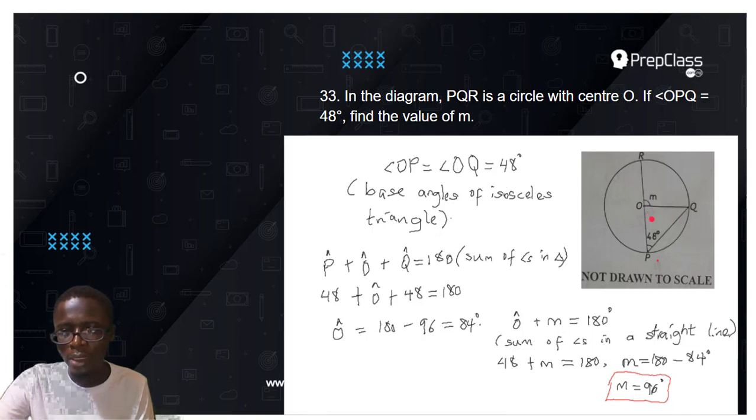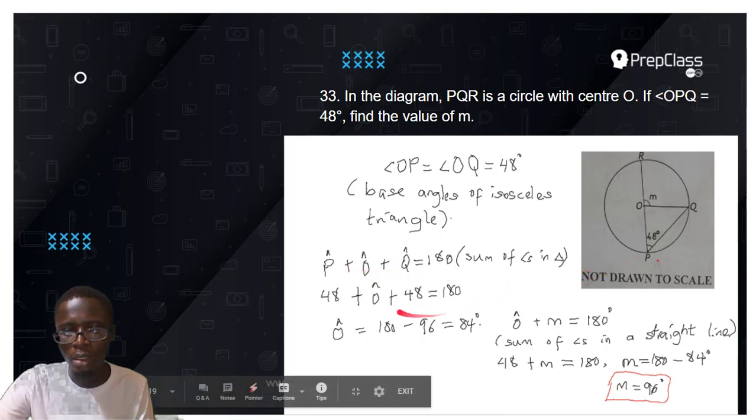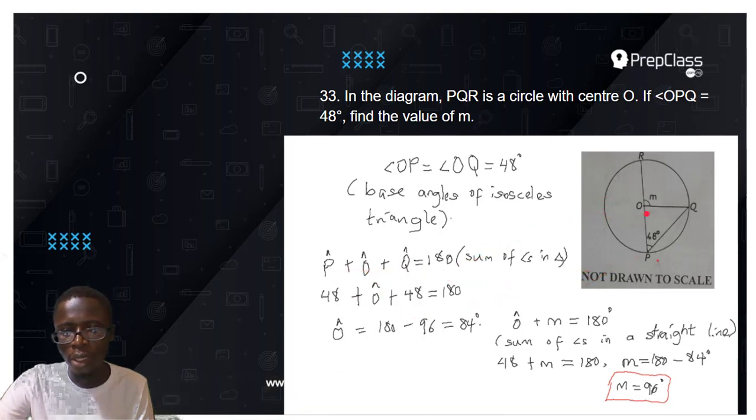Now remember that the sum of angles in a triangle is 180. So we have the angle at P, which is 48, plus the angle at O, just this portion, plus the angle at Q, which is another 48. Why? Because they are base angles of an isosceles triangle, so they should be equal.